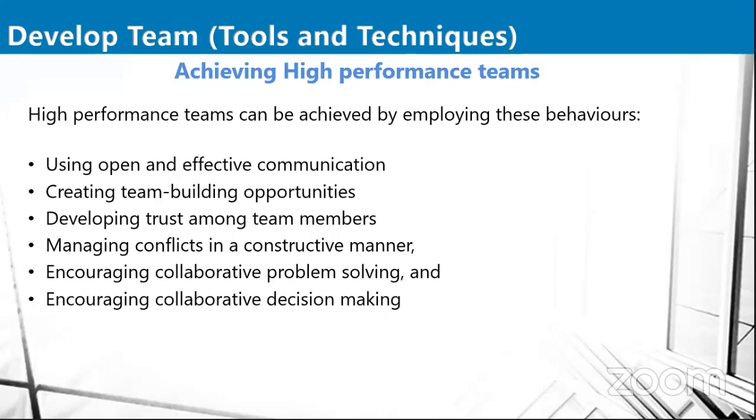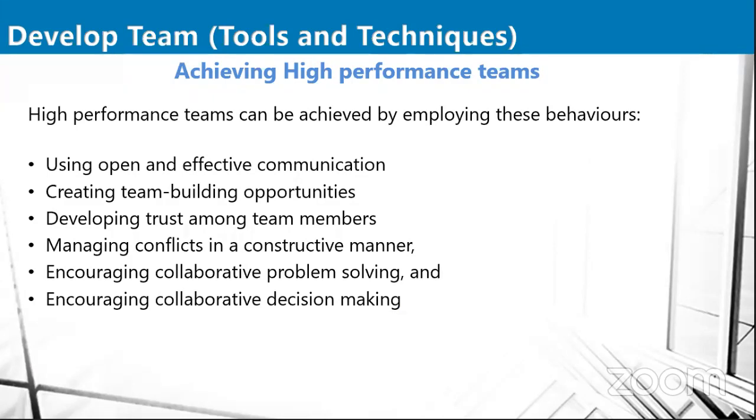Now, we continue achieving high performance teams. High performance teams can be achieved by employing these behaviors. You're going to be using open and effective communication, very important. You must be able to use your communication skills to achieve your high performance team, communicating with them using your interpersonal skills to ensure that everyone is complying with the scope and the guidelines for carrying out the project.